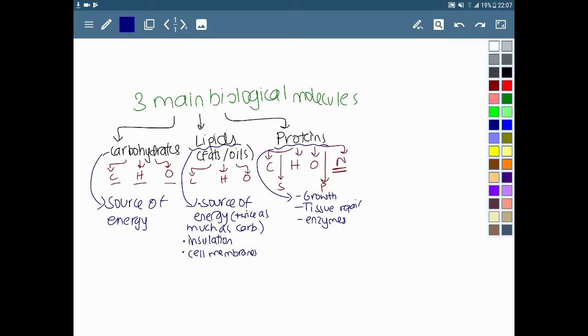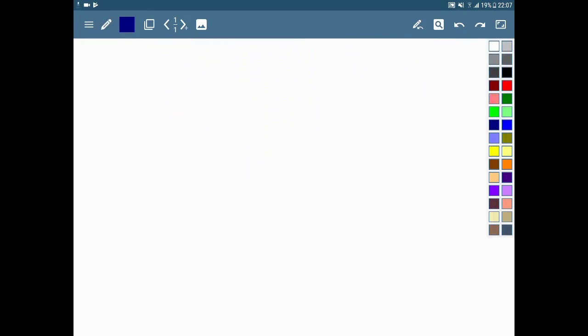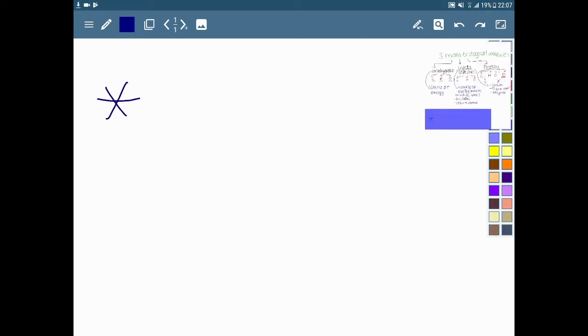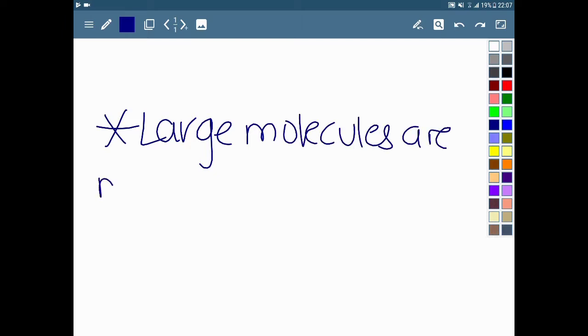Now, that is the first point done. Now, the next point is large molecules are made from smaller molecules.